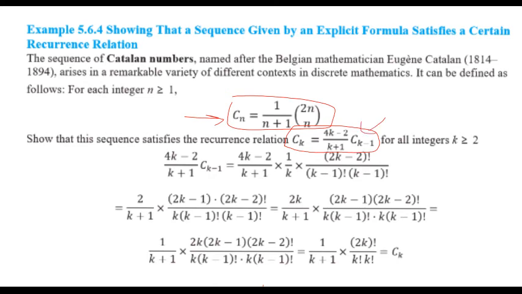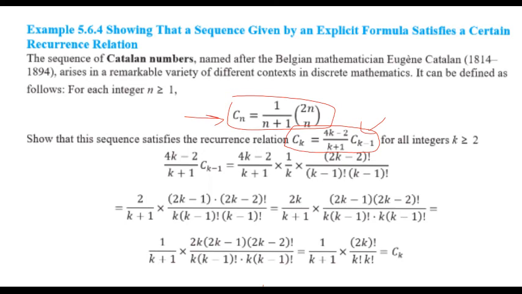The recursive equation is C sub k is equal to 4k minus 2 divided by k plus 1 times C sub k minus 1. So this equation basically relates any term of the Catalan numbers to its predecessor, for all integers k greater than or equal to 2.